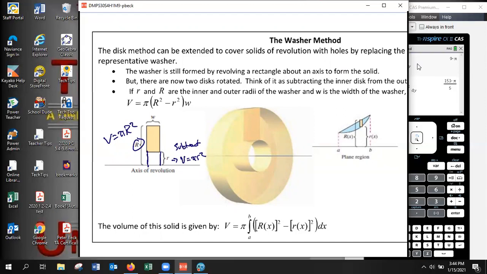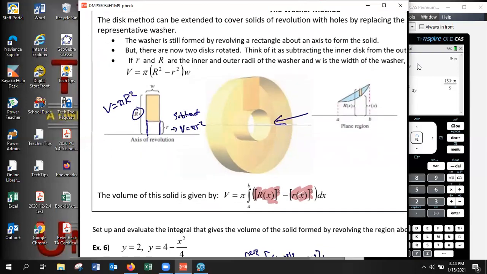So the overall volume minus the inner volume ends up getting rid of that hole really in the center. So we could write this as two separate functions, pi capital R squared minus little r squared, or we can join that together into one overall integral.